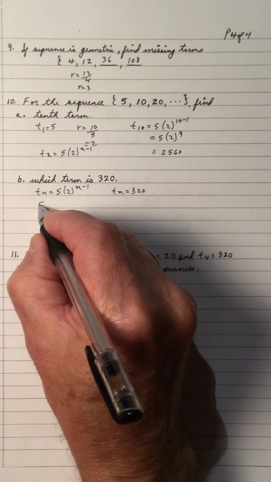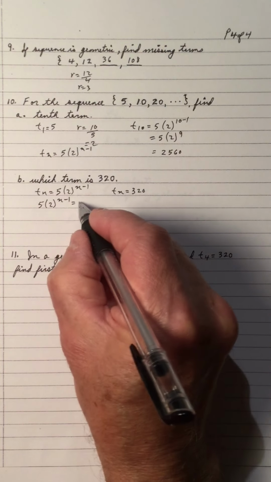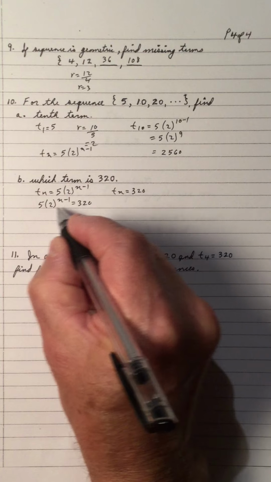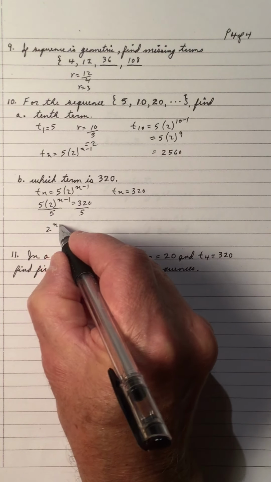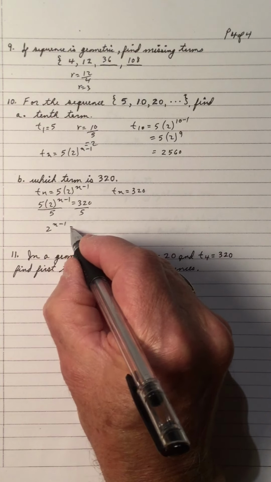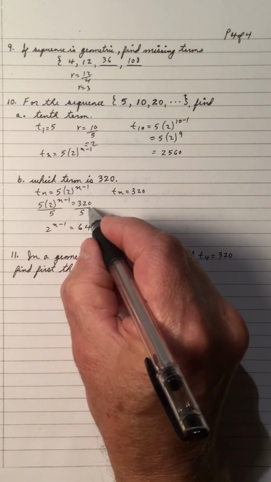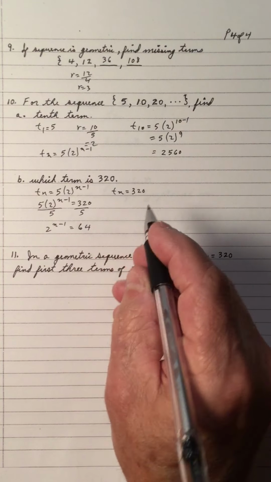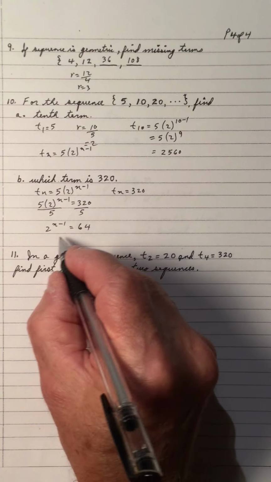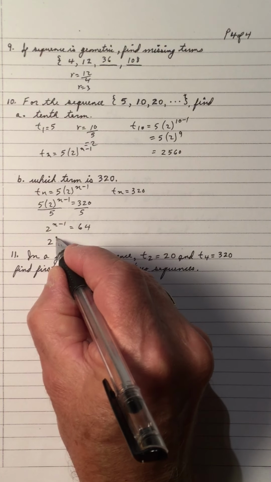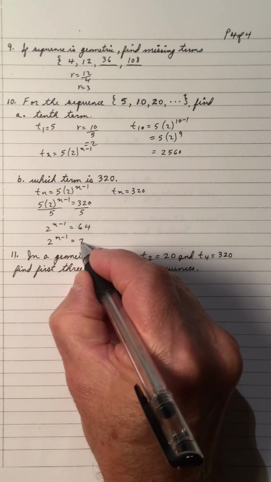So that means 5(2)^(n-1) is equal to 320, divided by 5, and 2^(n-1) equals 64. 320 divided by 5 is 64. Now, these are exponentials, and you need the same bases. So 2^(n-1), 64 is 2 to the what power?